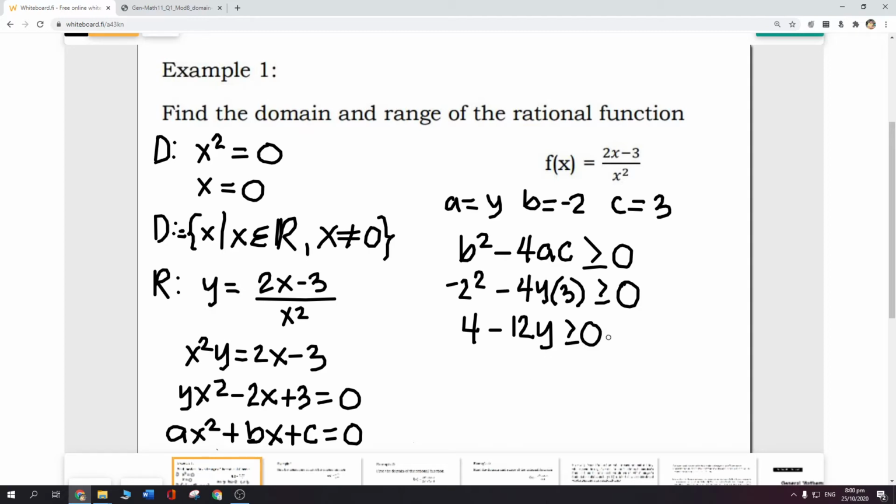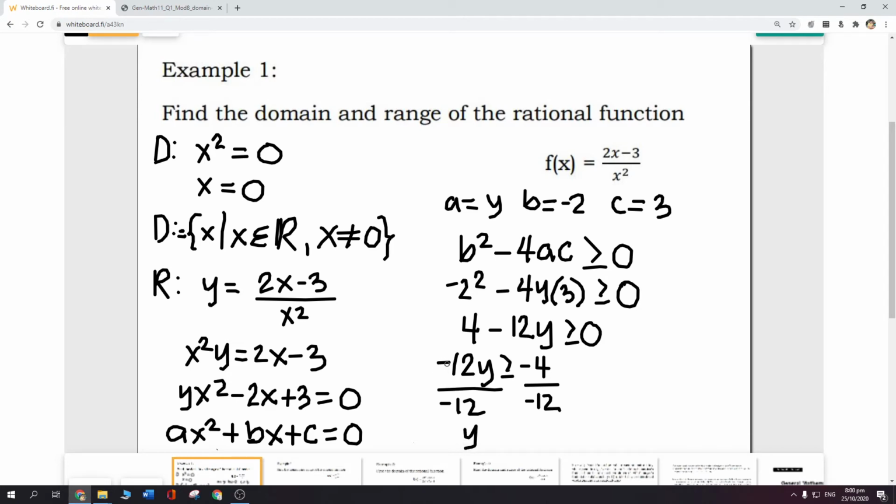Then transpose 4 to the right side. We have negative 12y is greater than or equal to negative 4. Now divide both sides by negative 12, and we have now y.